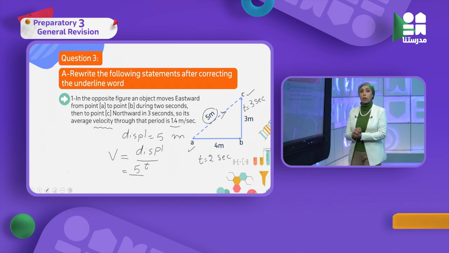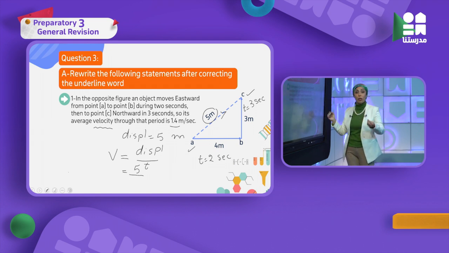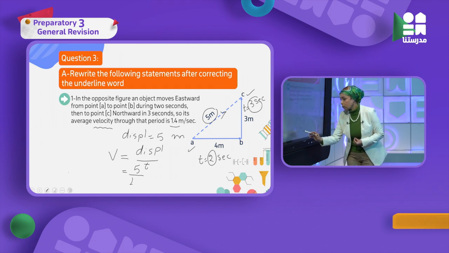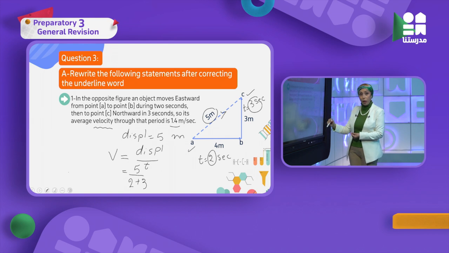What about the time? The body covered one straight line from A to C, but the total time it took for the whole path, I have to take all of it, which is 2 seconds plus 2 seconds plus 3 seconds. So here divided by 2 plus 2 plus 3, which is the total time covered by the body.